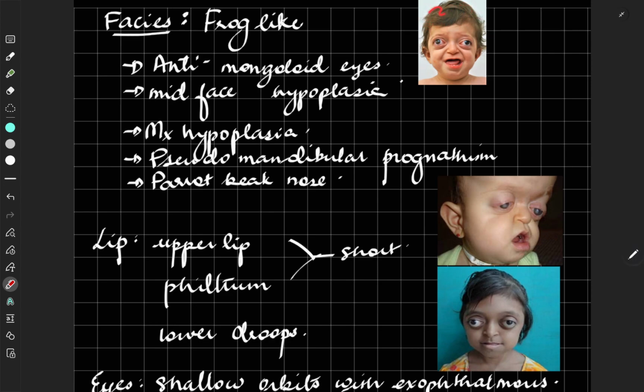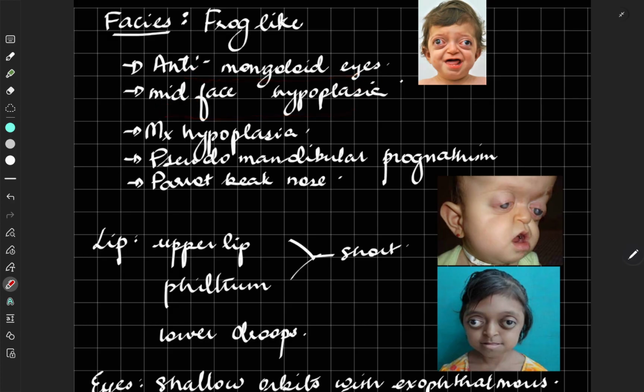The sutural deformities are not quite visible in this photo, but you can see two features of the triad in this one. Next, let me tell you, they have anti-mongoloid eyes. You see there are big eyes. Mongoloid will be the very small eyes. So there are anti-mongoloid eyes.